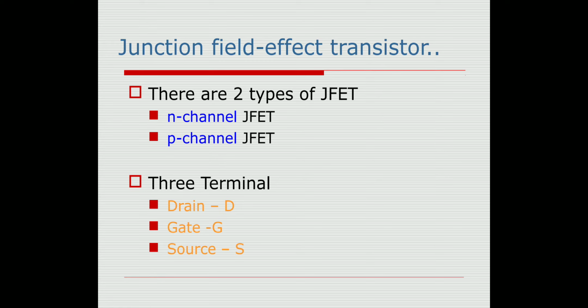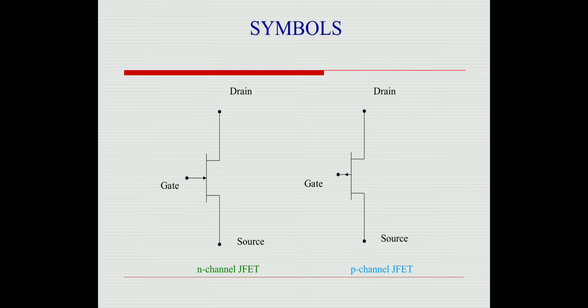So there are two types of junction field effect transistor, N channel and P channel. Now JFET also has three terminals, drain, gate and source. These are the symbols. The first symbol is N channel JFET, the second symbol is of P channel JFET. If you clearly observe, the symbols are very similar, only the arrow direction is different.